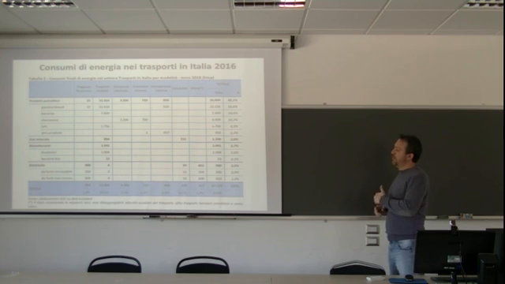We have 3.5% of renewable energy in the transport sector, and so you can see that it's the more important sector to work on using renewable energies, because in the electricity sector we are at 40%, and here we are at 3.5%. So it's the more important sector for the next years' challenges.